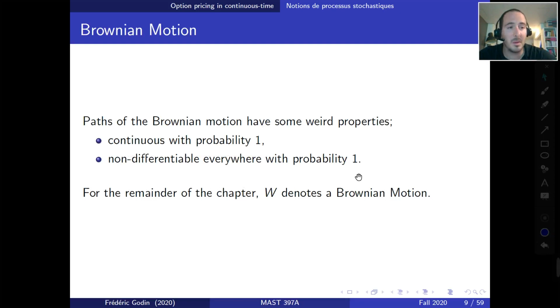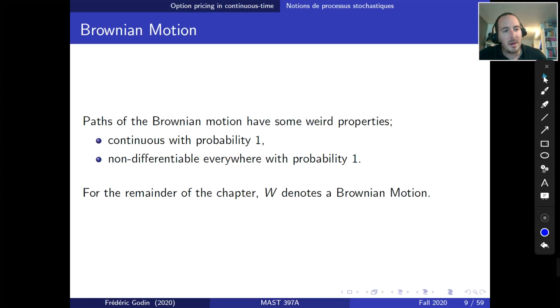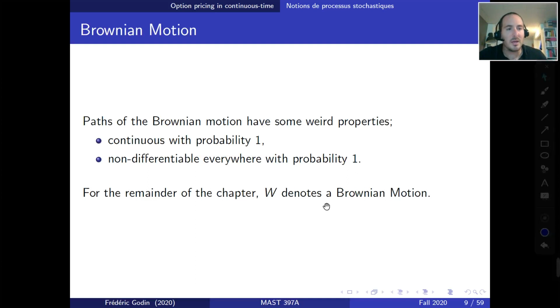So with probability 1, it's continuous everywhere, but at any point of the path, it's not differentiable. You can never find the derivative of a path of a Brownian motion. This is a very strange property, which gives the very bumpy, erratic behavior to the Brownian motion. For the remainder of this chapter, W will denote Brownian motion.